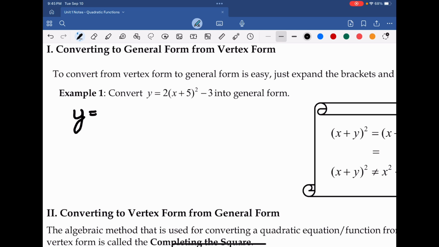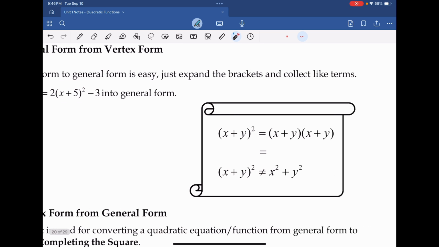It's going to be y is equal to, and then on the bracketed term here, when we see that the binomial is squared, it wouldn't be appropriate to go x squared from here, and then 5 squared from here. We do not distribute this power when things are being added in the bracket. And that's further emphasized in the bubble here.